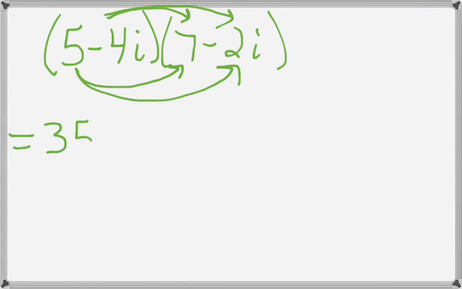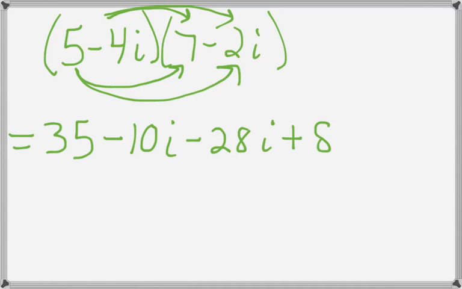So 35 minus 10i minus 28i plus 8i squared, because we had negative 4i times negative 2i. So negative 4 times negative 2 is positive 8. i times i is i squared.